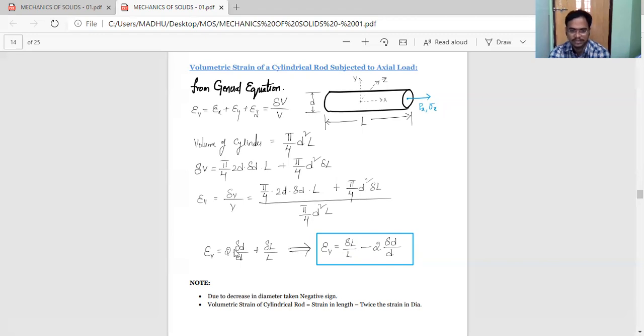Here it is shown positive, but since it is a decrease in lateral dimension, it should be taken as negative. And the volumetric strain is given by the strain in length minus twice the strain in diameter. That is the volumetric strain.